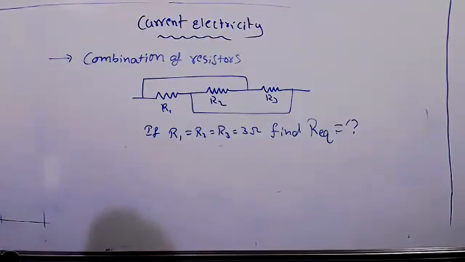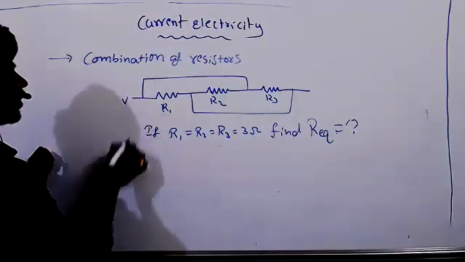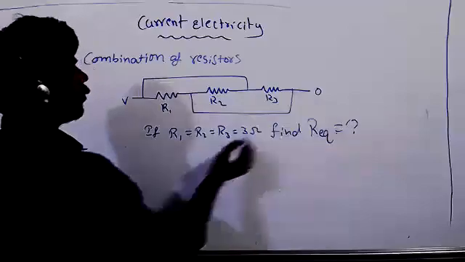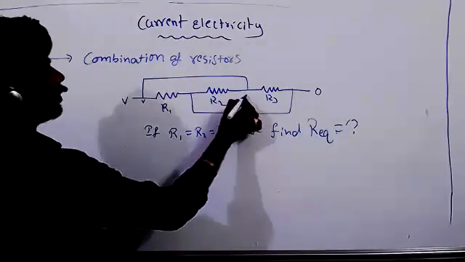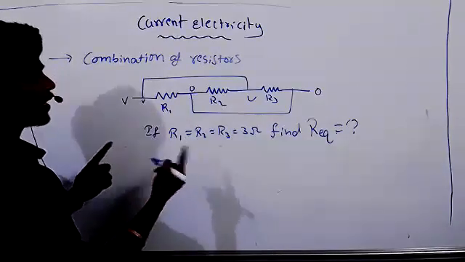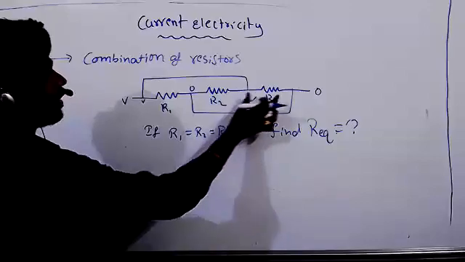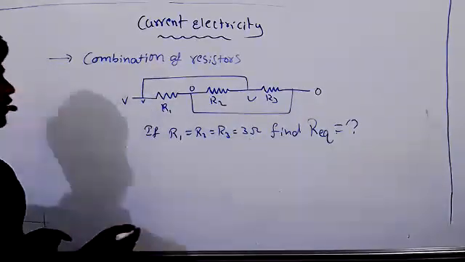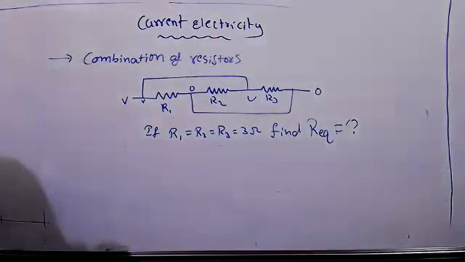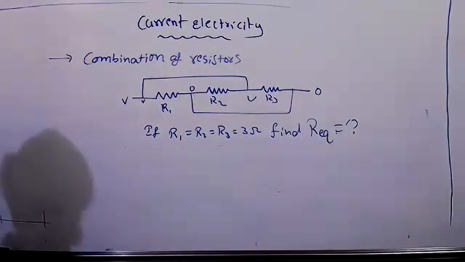Parallel. What you did here: we have to take V here, O here, V here also, along this V, and here O, it is also O. So all resistors are between V and O. This resistor V and O, this resistor V and O, and this. So all 3 are in parallel. So you can calculate and you will get the answer. It is the 4th method.